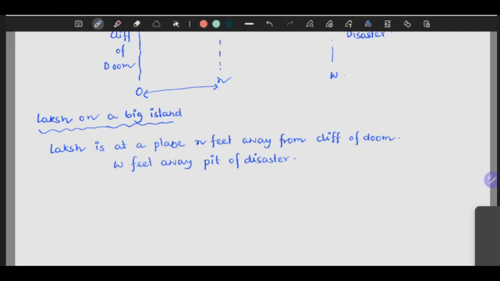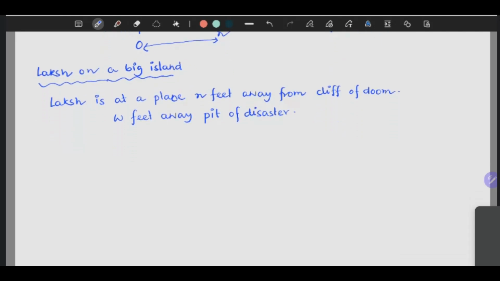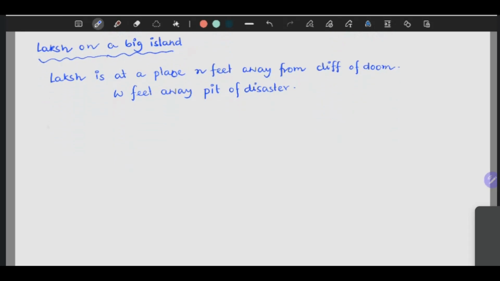So basically Lux starts at position n, and he is intoxicated.